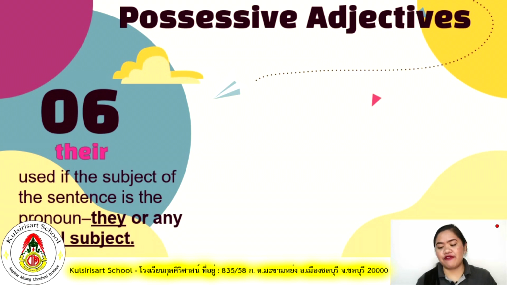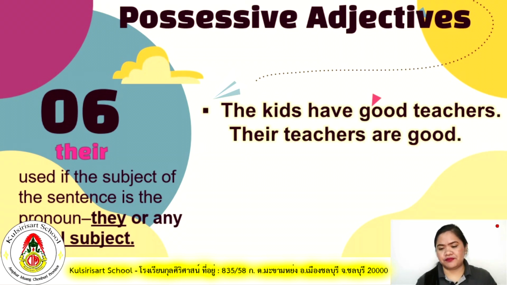So we have the examples. The first one is, the kids have good teachers. Look at the subject. It is the kids, so it is plural. Now, where is the noun?